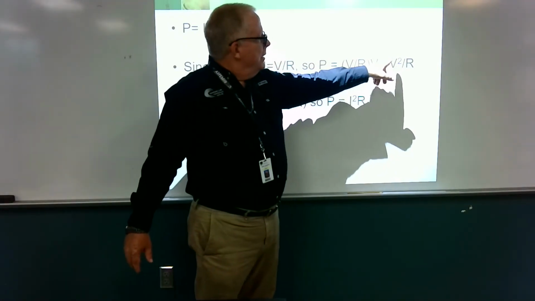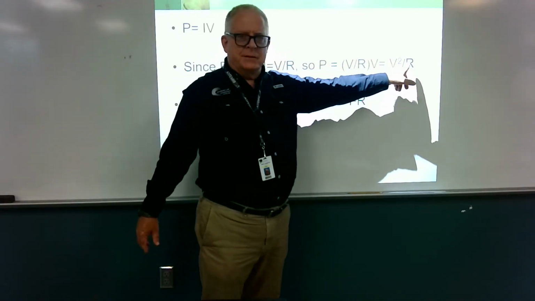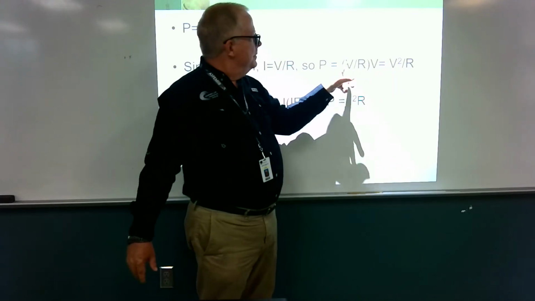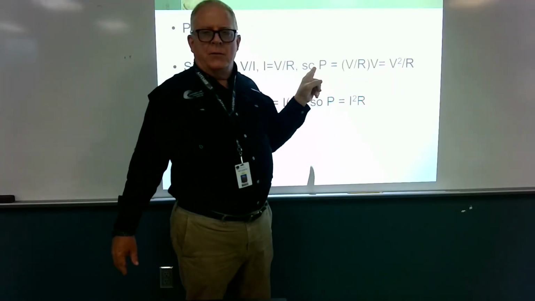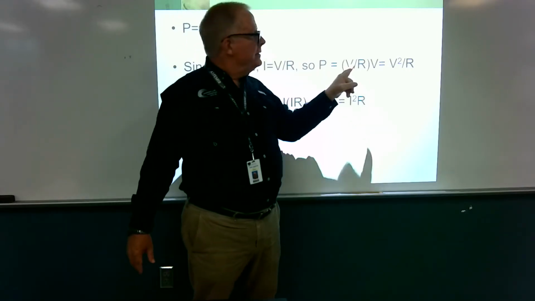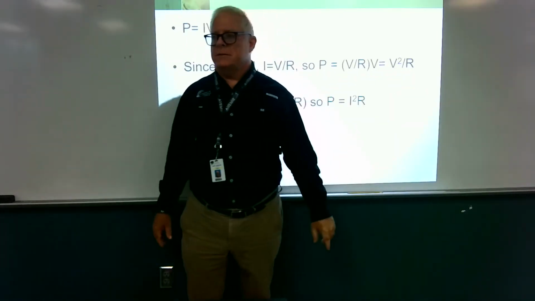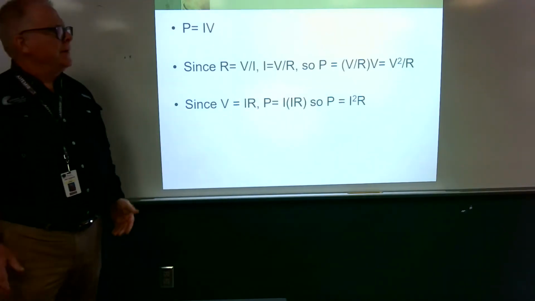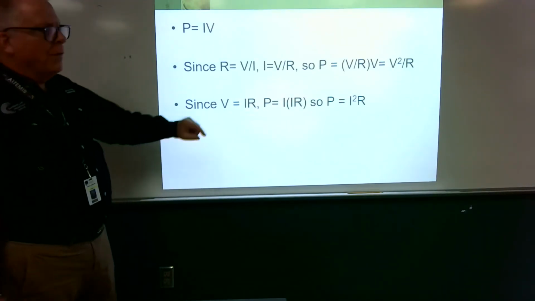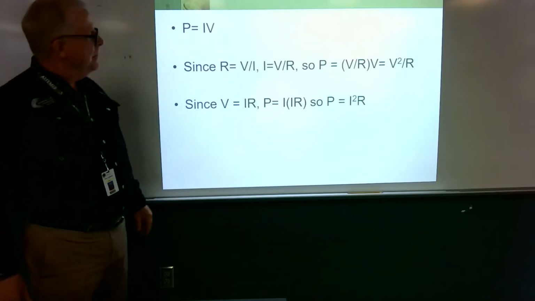And so the bigger the resistance is for a constant voltage, the smaller the power is going to be. So if you want to have a high-powered device, you want it to have a small resistance, in that context, where the voltage is a constant.